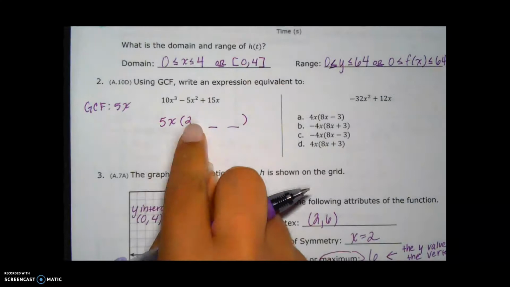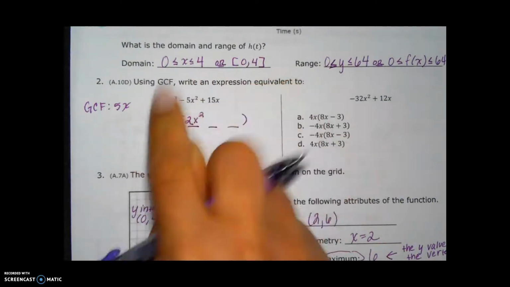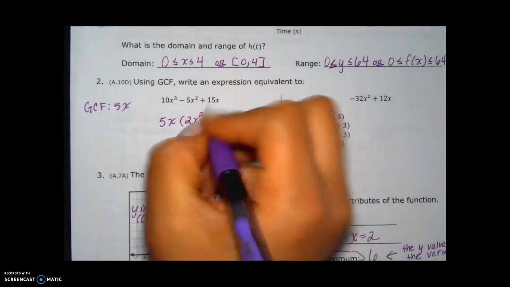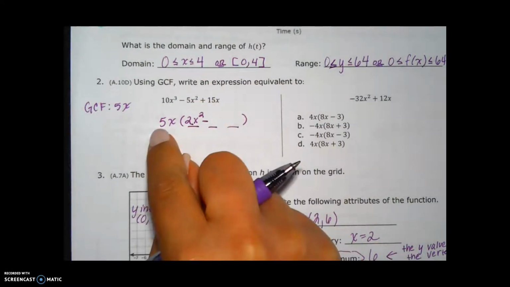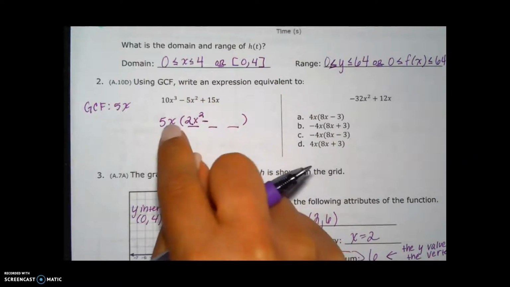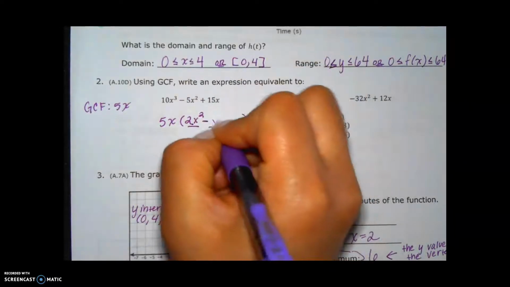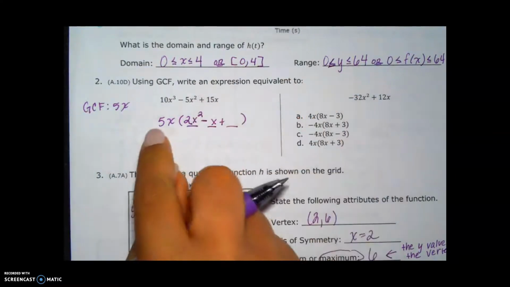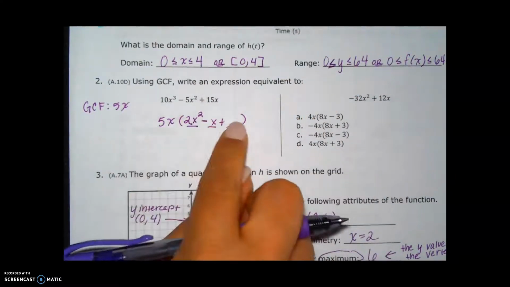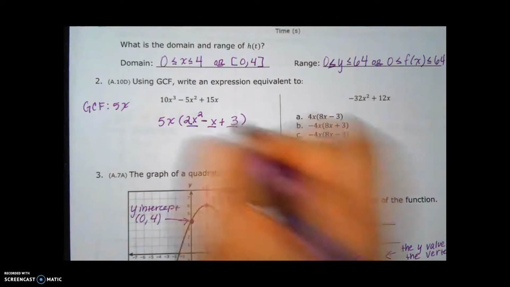X times x squared gives me x to the third power. There's a minus sign in between, so I'll bring that down. 5 times something is 5, that's just 1. X times x is x squared. I'll carry down the plus sign. 5x times something is 15x, that's going to be 3.